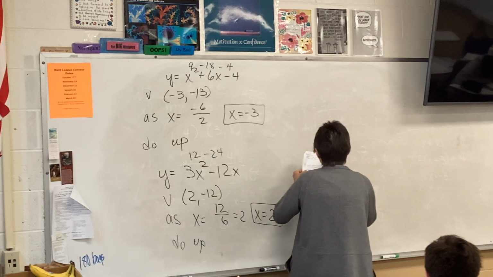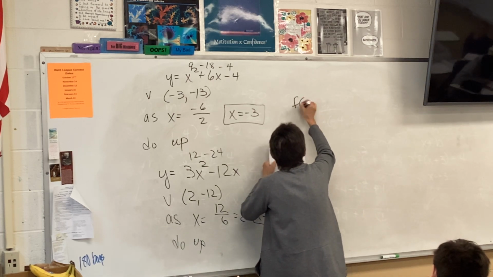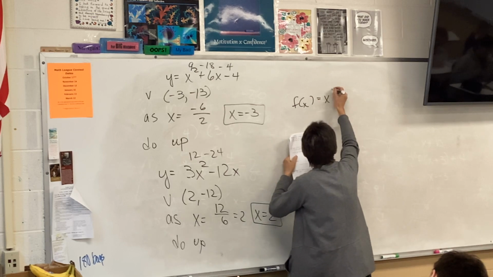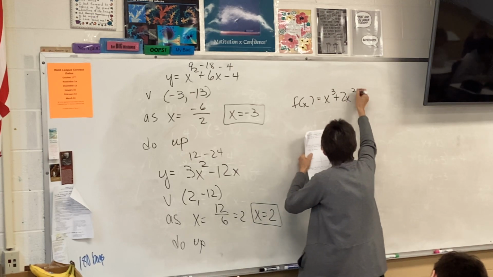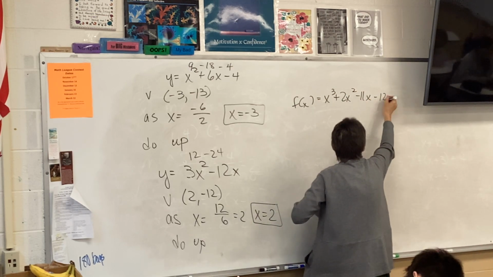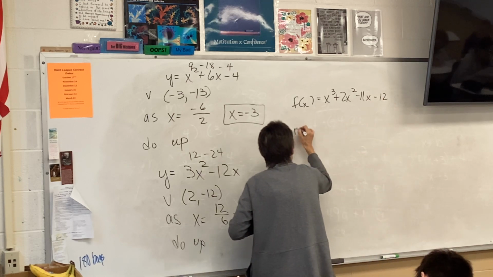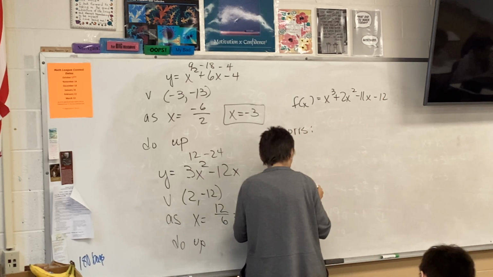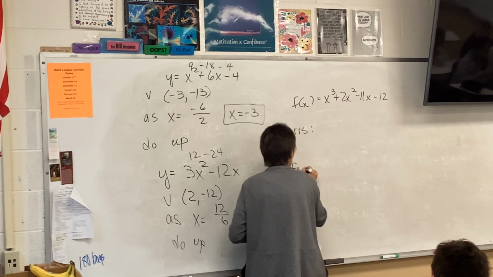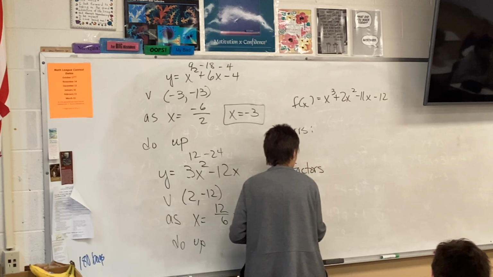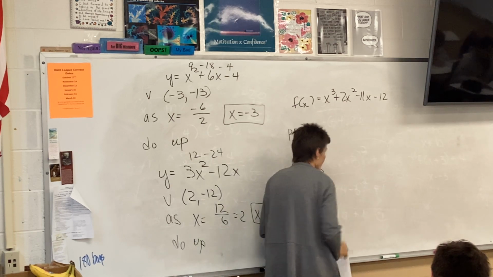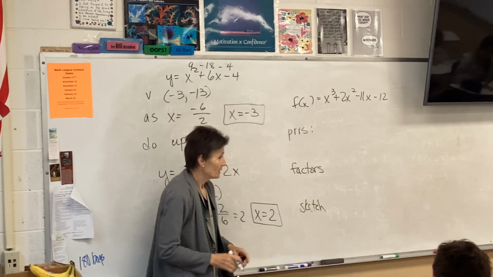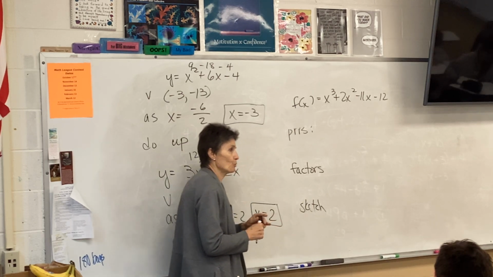Here is the problem: f of x equals x cubed plus 2x squared minus 11x minus 12. It's a 3-part problem. It says find the PRRs, find the factors, and sketch. But you can do them in whatever order you want.